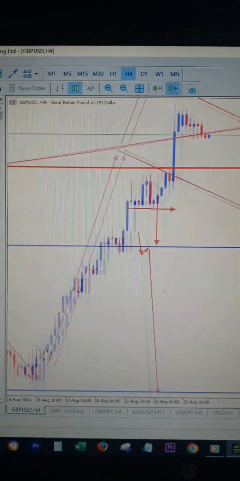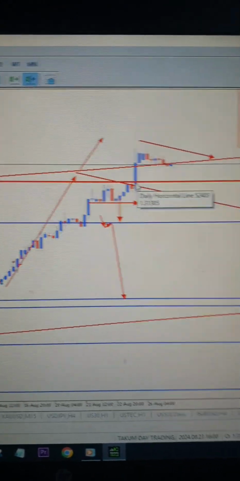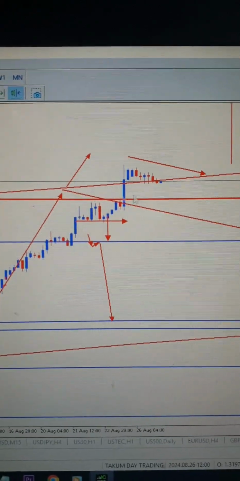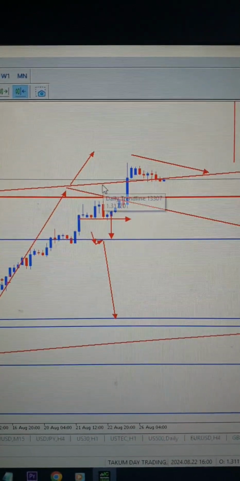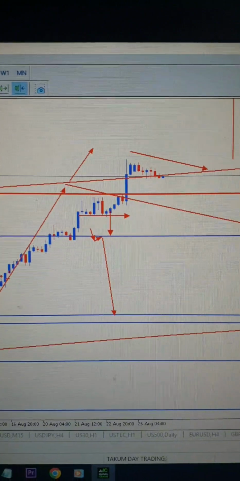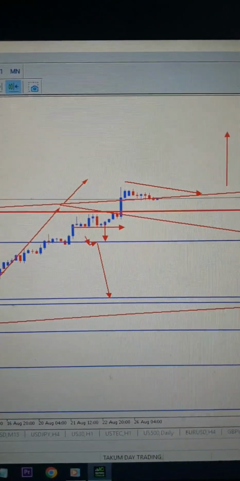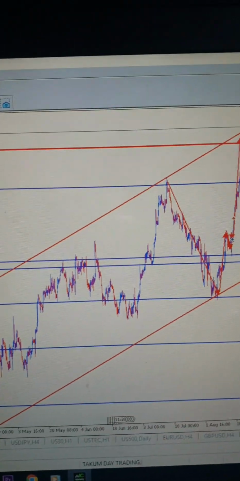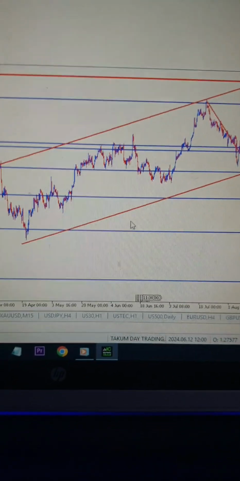4 hour time frame. Now previously, remember, this blue line is a resistance level, but this other one is actually a trend line. Okay, this is a trend line. See what happens here, and let's see what the market is saying. We knew that the market is in an upward movement.